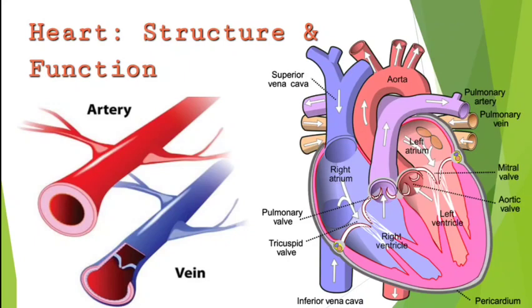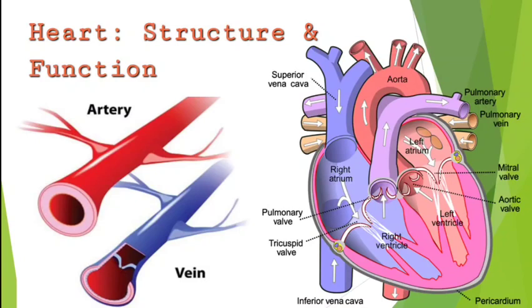So students, we will learn about blood vessels, their structure and their functions. As you know, the heart is beating continuously due to the relaxation and contraction of the cardiac muscle. So why is the heart beating continuously? Because of the relaxation and the contraction of cardiac muscles.